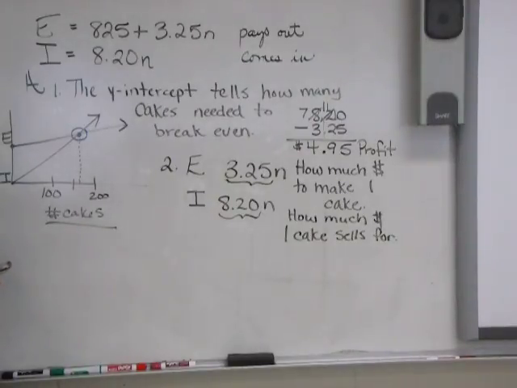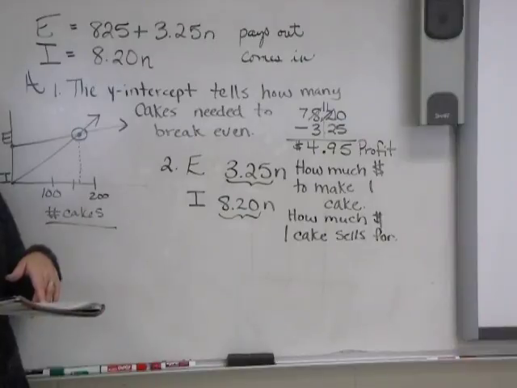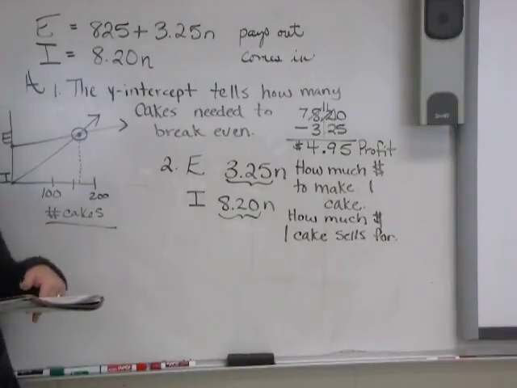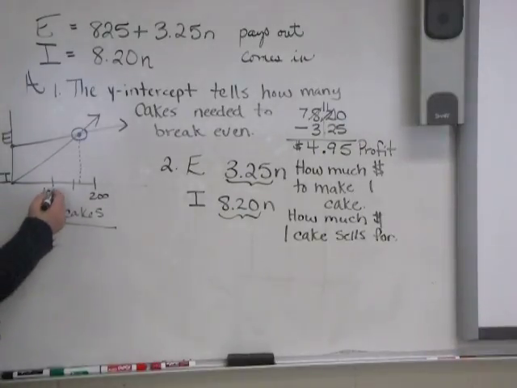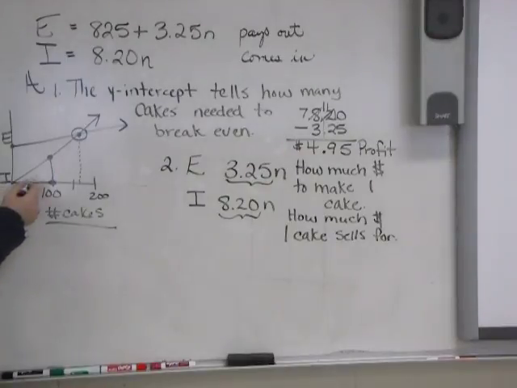Now, B goes in a little different direction and says, okay, Fabian is selling 100 cakes in January. So I know I can go here on the graph where it says number of cakes, and I can get some information from that. I can go up and see on the income line how much he's bringing in January for 100 cakes.